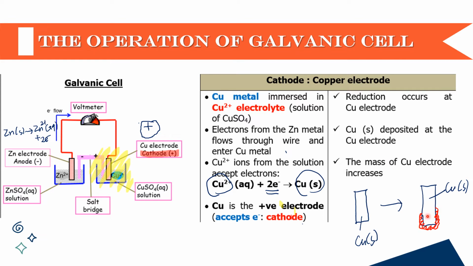So copper will be deposited, or in Malay, the term that you will use is terenam. I think you use this in SPM. Terenam or deposited on the electrode. So that's what happened at our cathode, the copper electrode.